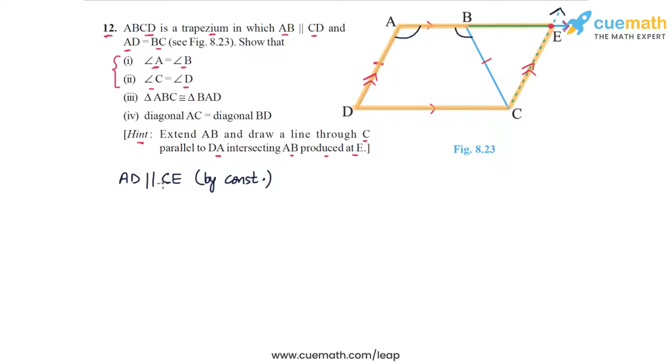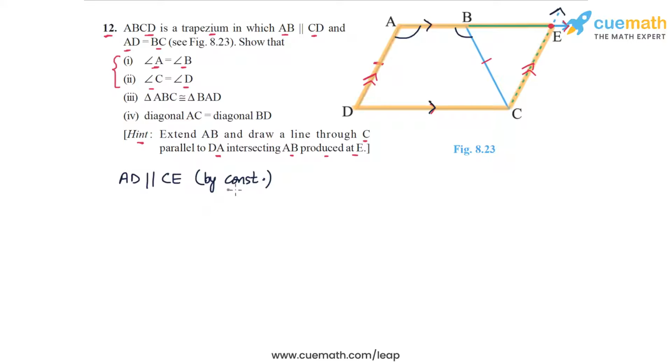So this is by construction, and also the other pair of sides DC and AE are parallel because AB is parallel to DC, because these are the parallel sides of the trapezium. So if AB is parallel to DC, then AE is also parallel to DC, because AE is simply AB extended or AB produced.